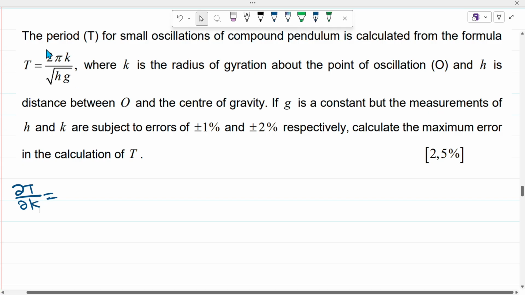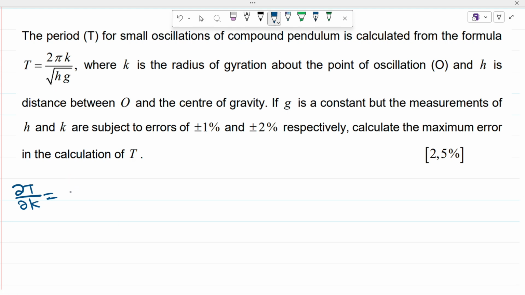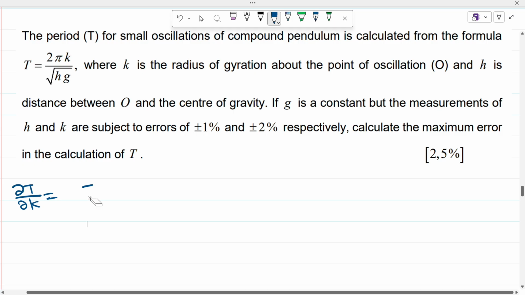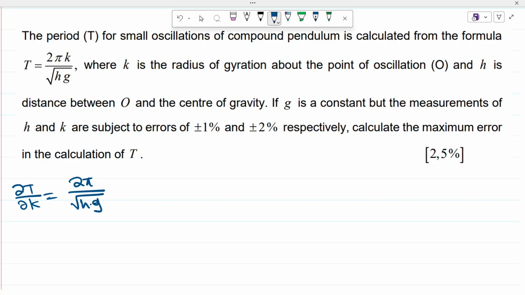So when we differentiate this equation with respect to k, meaning that h and g are kept as constants, we're just going to get 2 pi divided by root of h multiplied by g. We'll just get 2 pi divided by root of h multiplied by g, and then that's it.